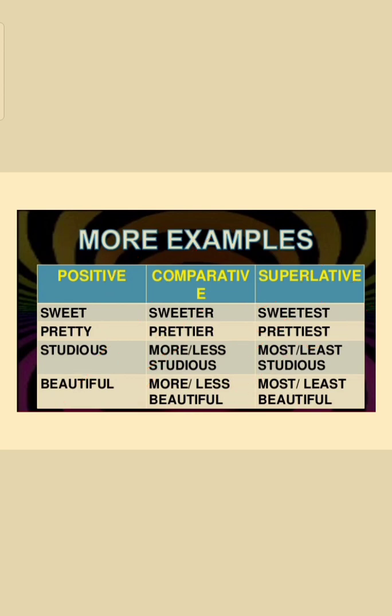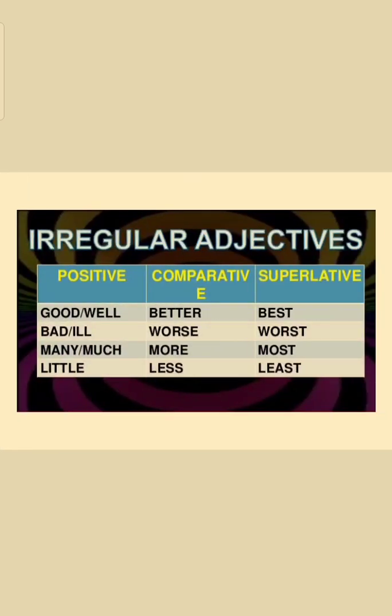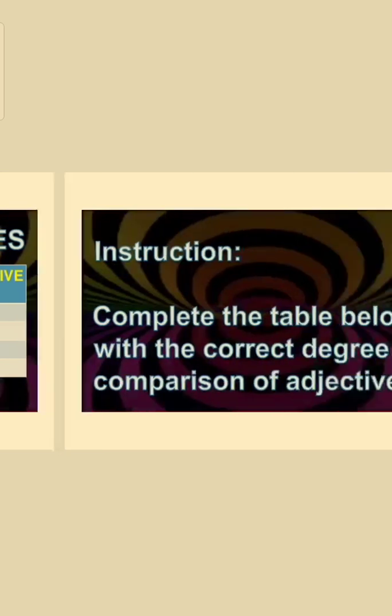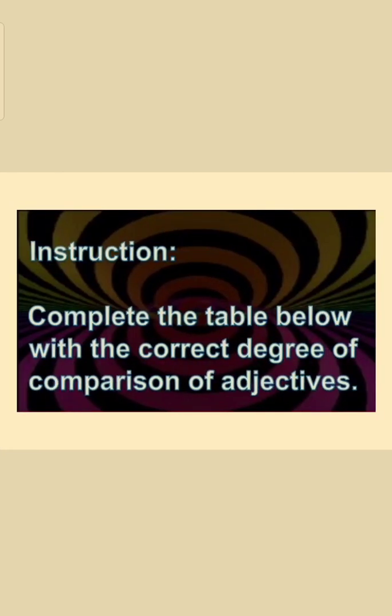Okay, irregular adjectives. So they don't follow rules. Good, better, best, bad or ill, worse, worst, many or much, more, most, little, less, least. Okay, next. Now you will do some exercise.